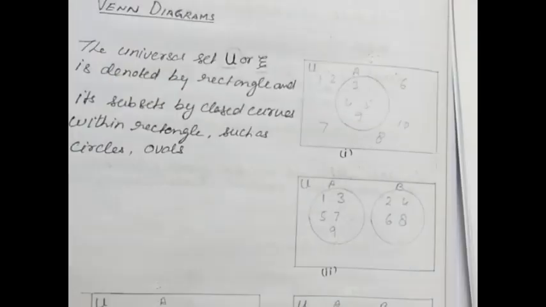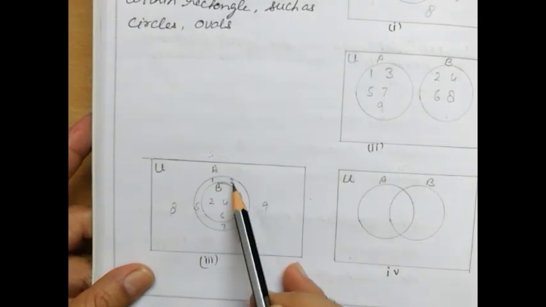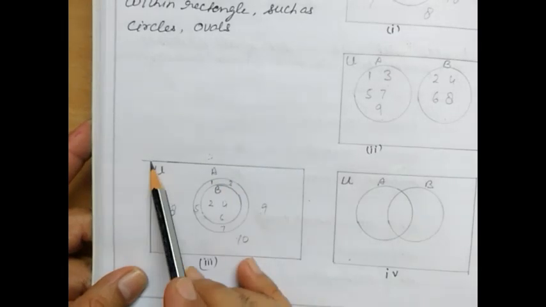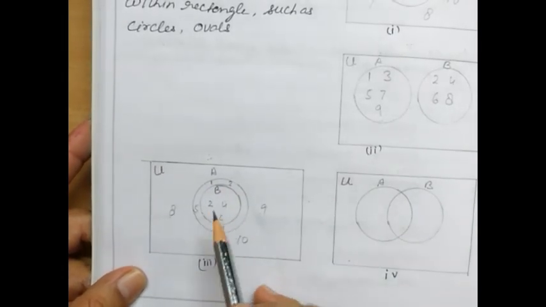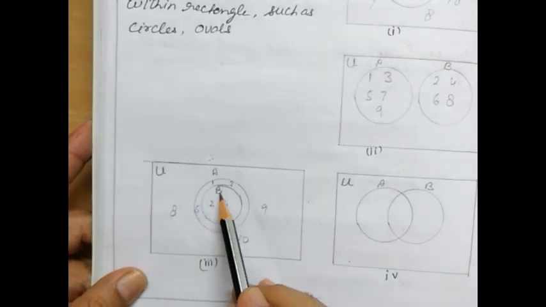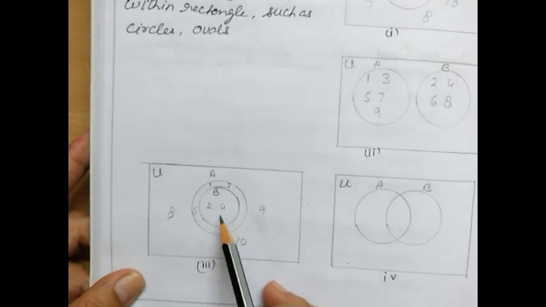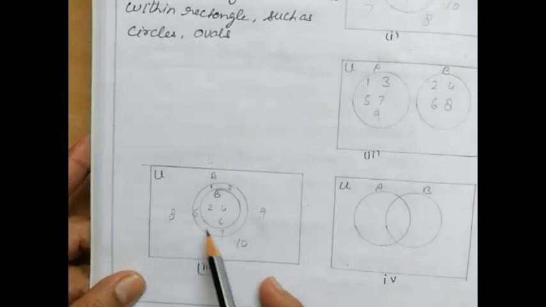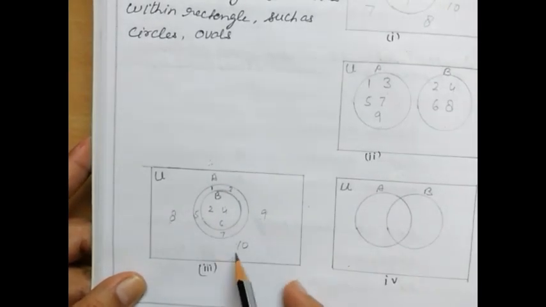Now here if we see another one, there is a circle inside the bigger circle, and this bigger circle is inside this rectangle. So this rectangle is considered to be a universal set, and this smaller circle is noted as B. So B contains 2, 4, 6, and here you see this is 1, 3, 5, 7, and outside both the circles are 9, 8, and 10.